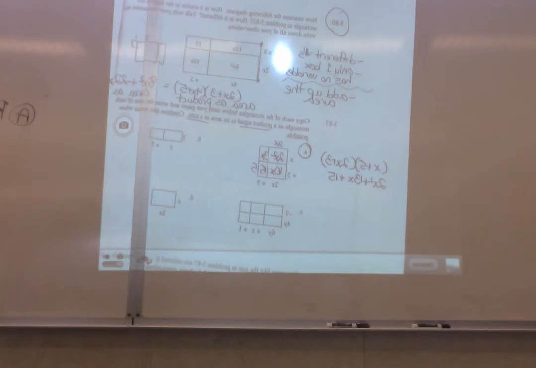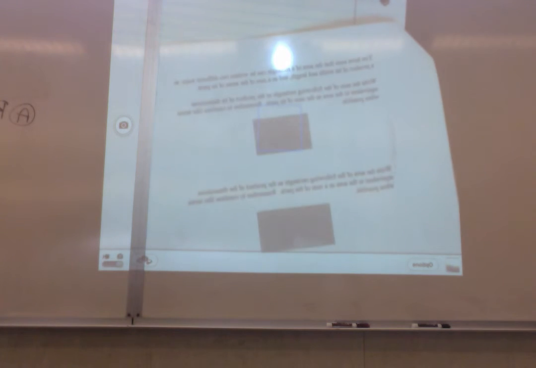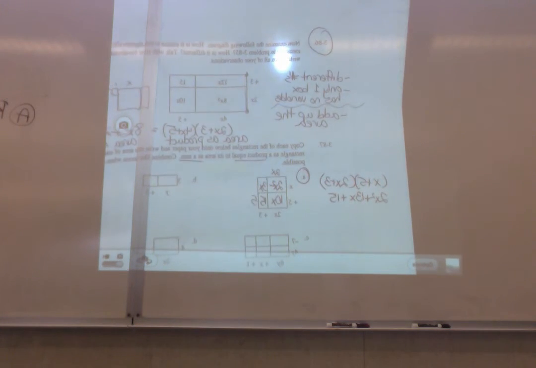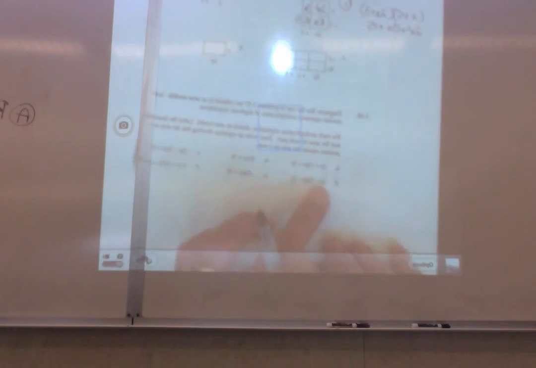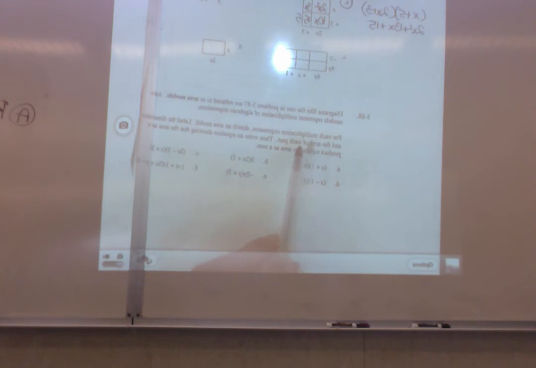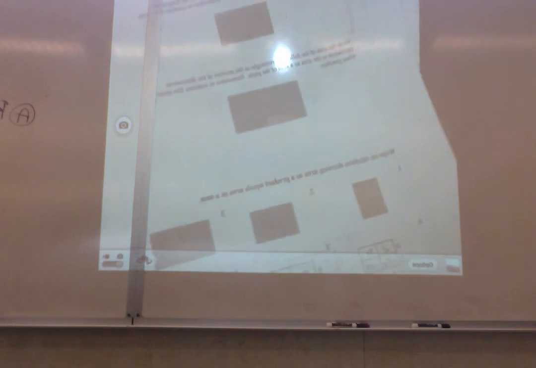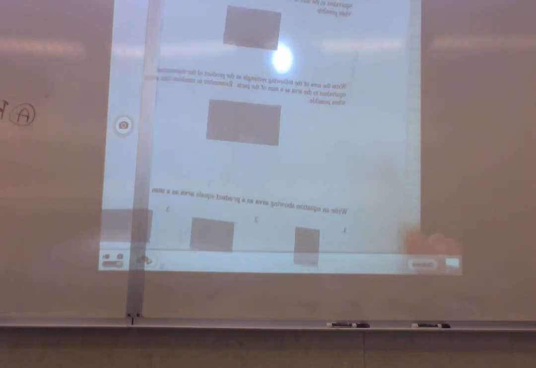All right, we are working on this packet individually. Some of it is review: for each multiplication, sketch an area model. Interesting, because I see a big one here. That'll be fun. All right, and then some more algebra tile stuff.